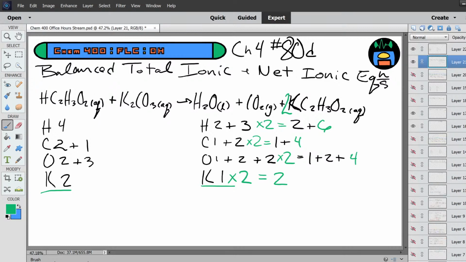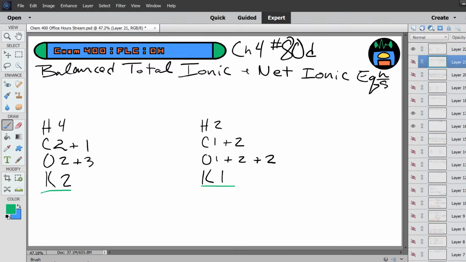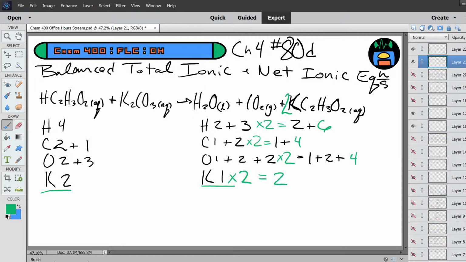Well, here's what I'm noticing. I'm noticing that carbon, let's zero in on carbon here and here. Carbon is 1 plus 2 on our product side, and it's 1 plus 4.